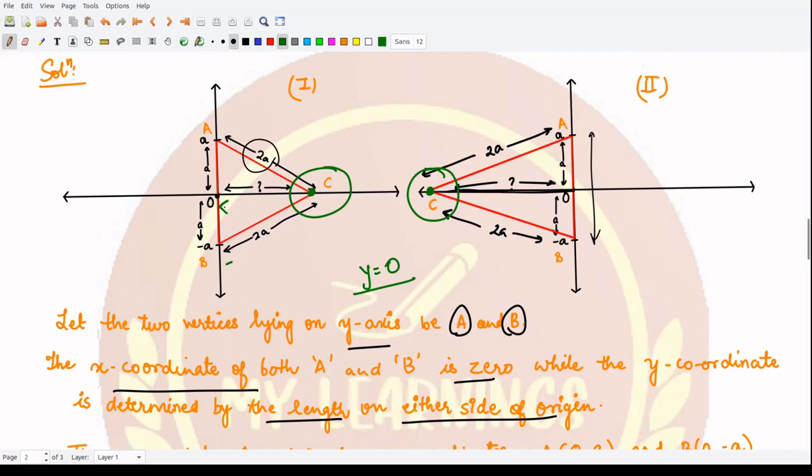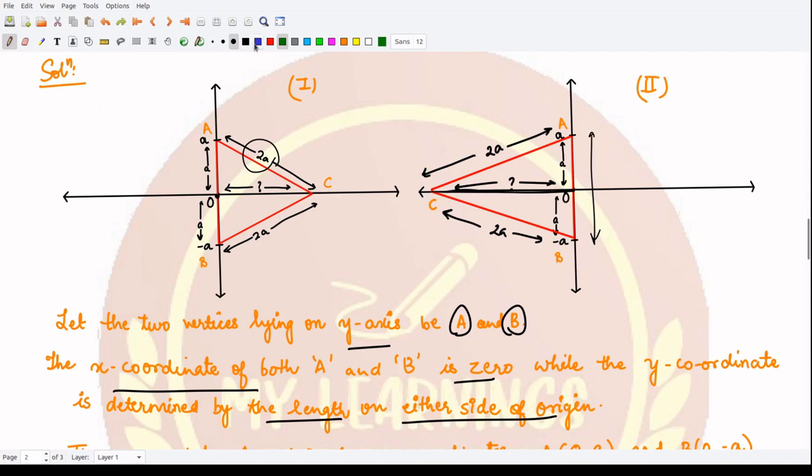For that, we require the length from the origin. The length would be the same in both cases, however the direction would change. In the first case it would be positive, and in the second case it would be negative.